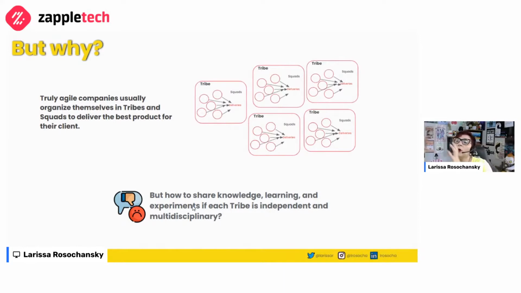But how can we share all the knowledge, all the learnings, all the experiments that all of those tribes are doing, if they are independent and multidisciplinary?